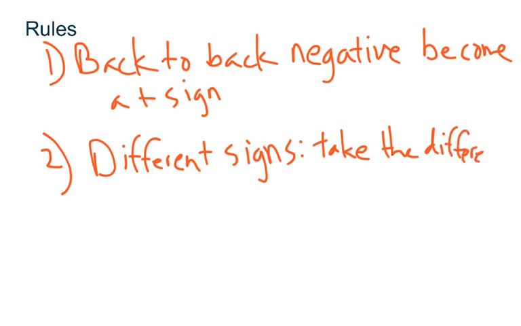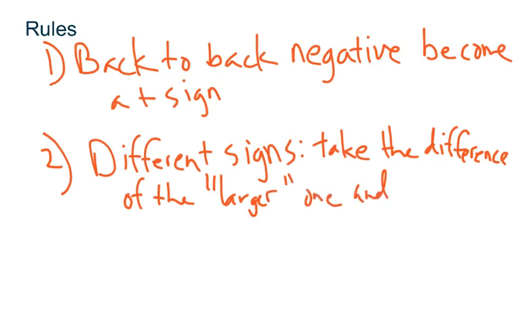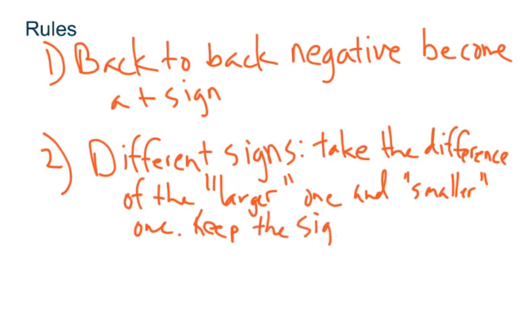So we take the difference of, and I'm going to put this in quotes because it's not a technical term, the larger one and the smaller one. And we keep the sign of the larger one.